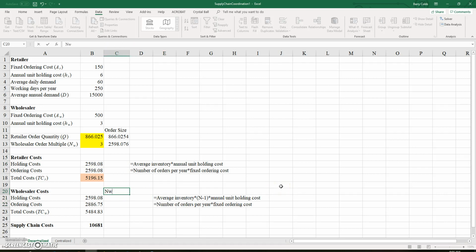To do this, we'll make a list of some possible values of the order multiple and the wholesaler cost that are associated with them. We need to make sure in the worksheet that the retailer order quantity is the best order quantity that it can choose. And then we'll start the wholesaler order multiple at 1.